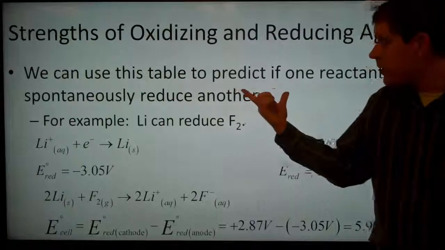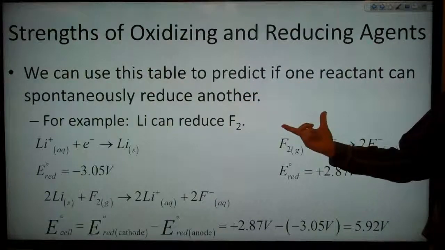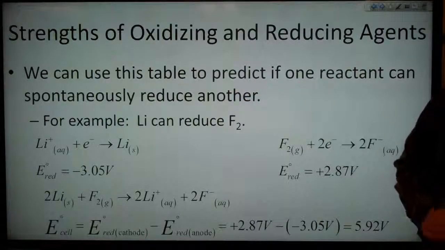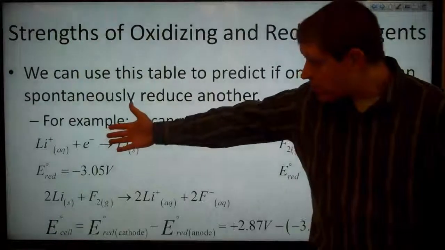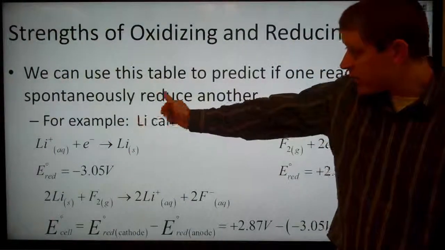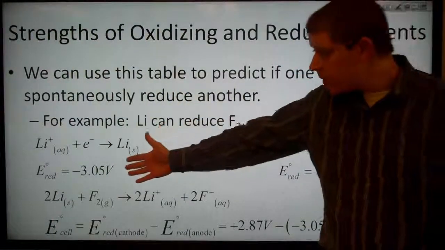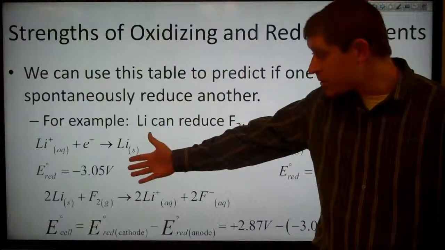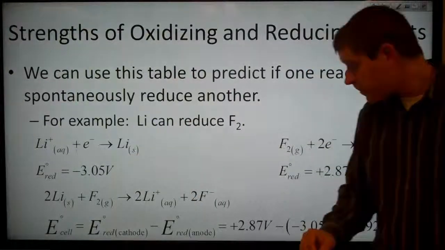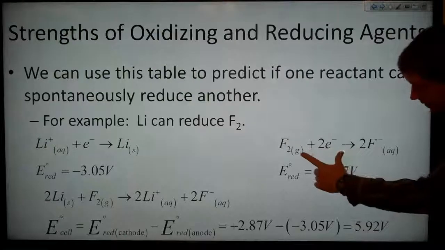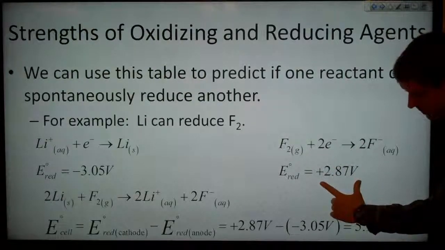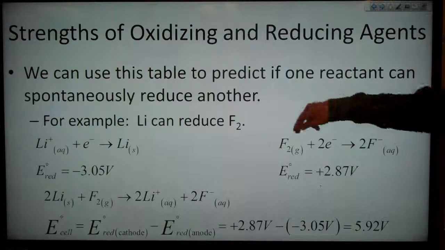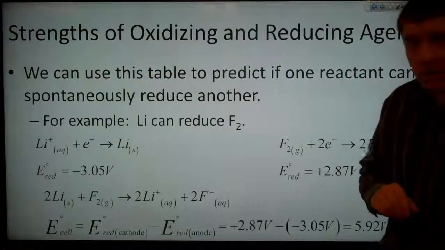So we can look at some reactions here, right? We've got lithium plus an electron goes to lithium solid. The standard reduction potential there is negative 3.05 volts. We've got our fluorine over here. The standard reduction potential is plus 2.87 volts when we have fluorine gas gaining 2 electrons to become 2 fluoride ions.